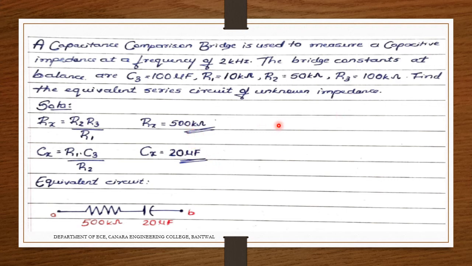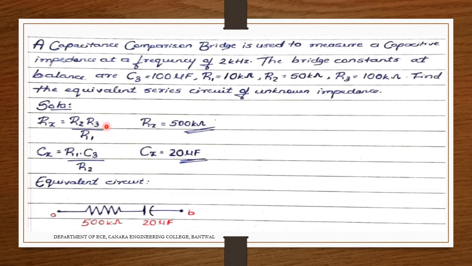Sometimes it is R plus L, sometimes R plus C. This is capacitance comparison, so here it should be R plus C. So Rx is equal to R2 into R3 divided by R1. This is what we have derived in our capacitance comparison with the same formula. As I told earlier, theory first and then solve this problem.